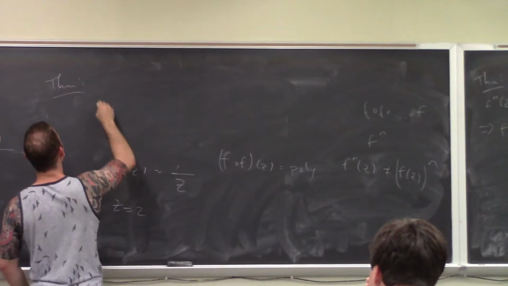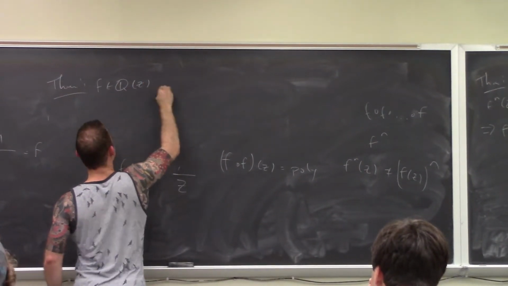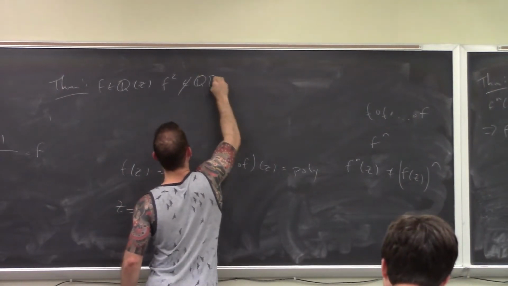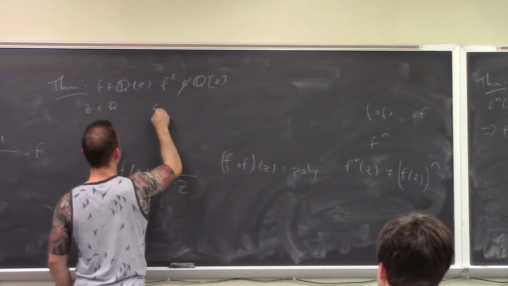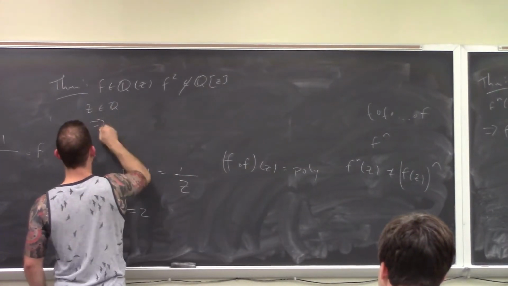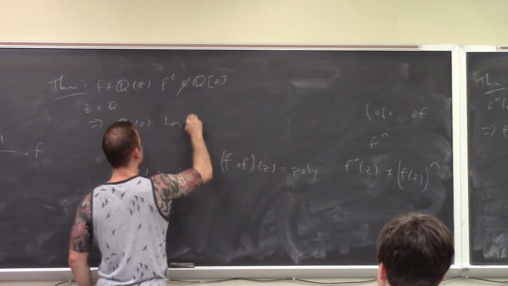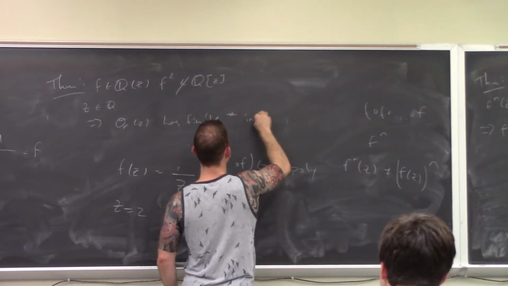So if f is a rational function such that f squared is not a polynomial, and if z is a rational point, then the orbit of z under f has only finitely many integer points.